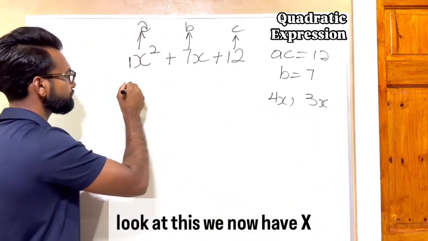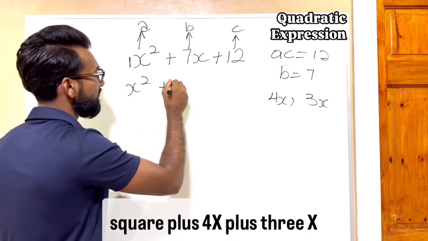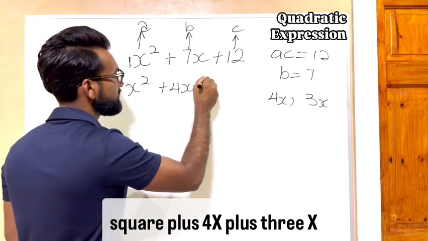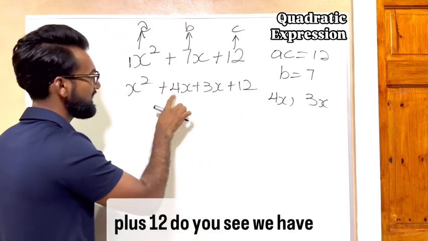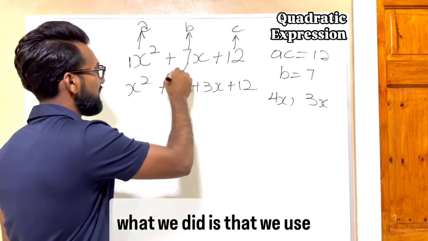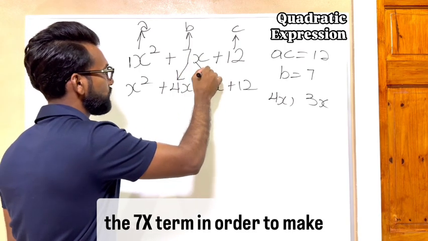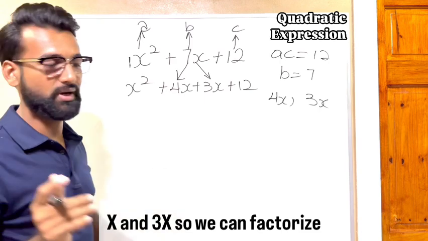Look at this. We now have x squared plus 4x plus 3x plus 12. Do you see we have four terms now? Because we used the 7x term to make two terms, which gives us 4x and 3x. So we can factorize now.